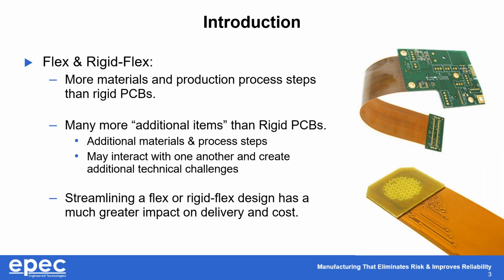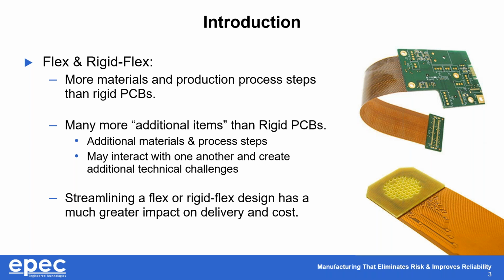Rigid flex and flex, as compared to rigid boards, have a significant increase in the amount of materials used and in the production process steps involved. You also get many additional items in flex and rigid flex that you don't traditionally find in rigid PCBs. And all of these additional items will add materials and add process steps.